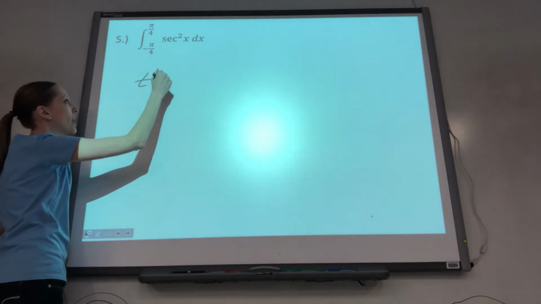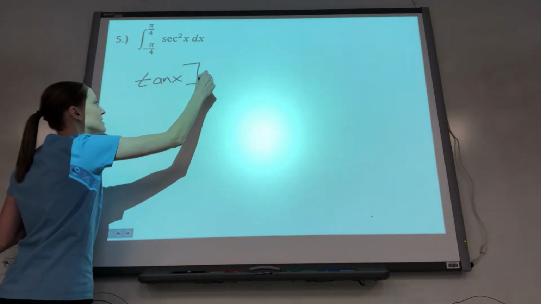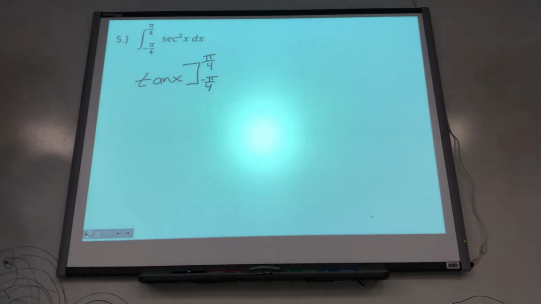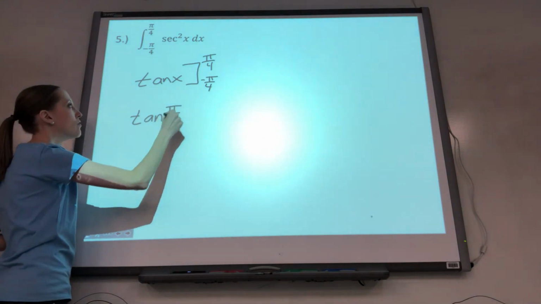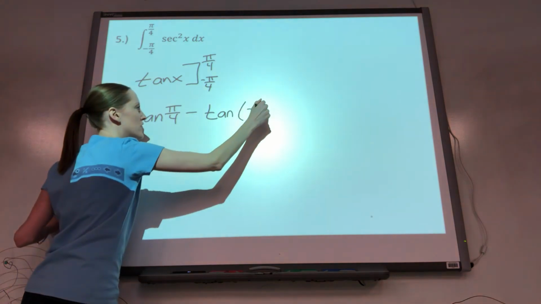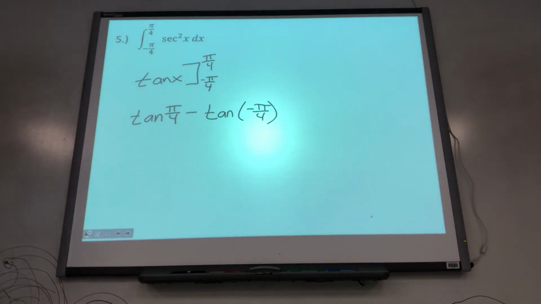Integrating secant squared of x, you get tangent of x. And I just now need to plug in the upper bound and the lower bound. So this is going to be tangent of pi over 4 minus tangent of negative pi over 4.